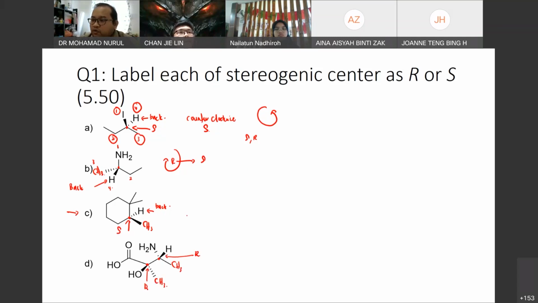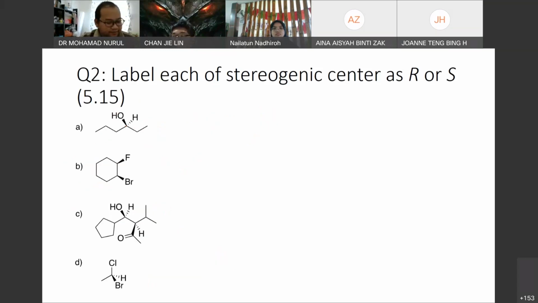And make sure the lowest priority, number 4, is at the back. If it's at the front, you change your answer. Like this, R becomes S, S becomes R. Okay. Focus. Okay, next.